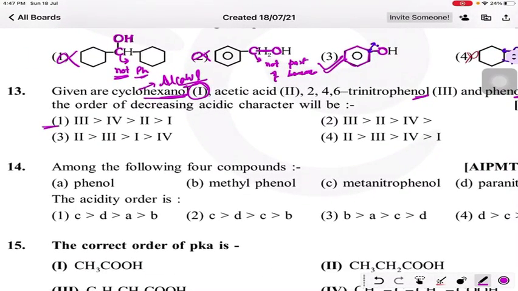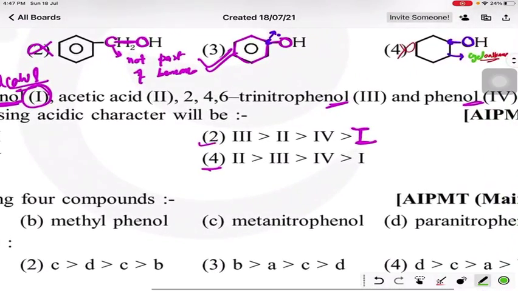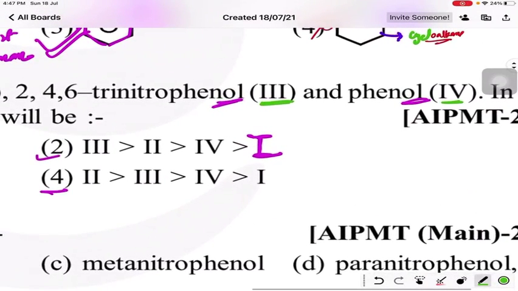This is in option number 1 and 4. So in the third option, it is placed first, so the third option cannot be the answer. We are left with the 1st, 2nd and 4th options. Out of these, between compounds 3 and 4, 2,4,6-trinitrophenol has 3 NO2 groups.